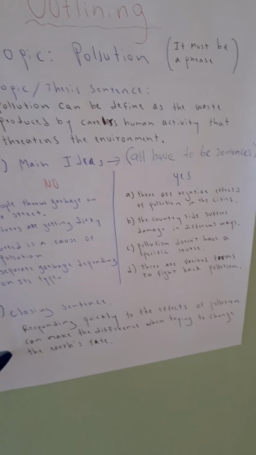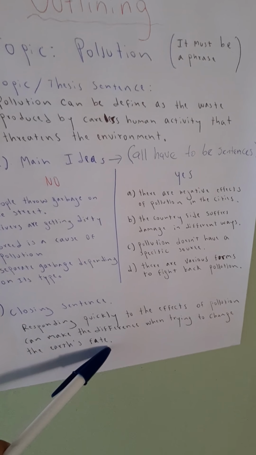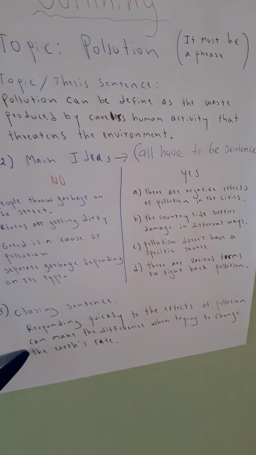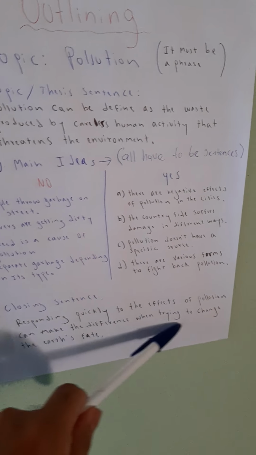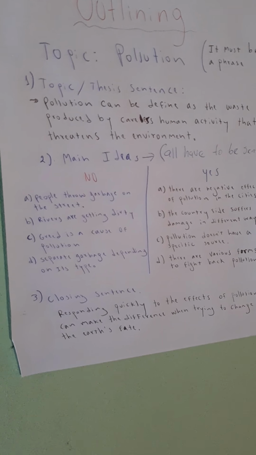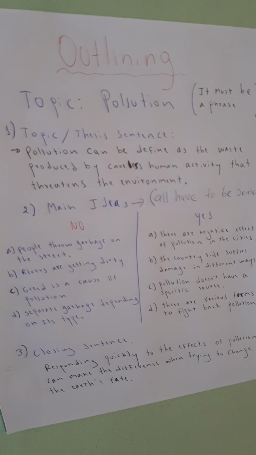Responding quickly to the effects of pollution can make the difference when trying to change the Earth's fate. So this is what I conclude about all that I mentioned in the essay. And later I finish it up with the supporting details. So these are the elements that you have to include in the outlining.